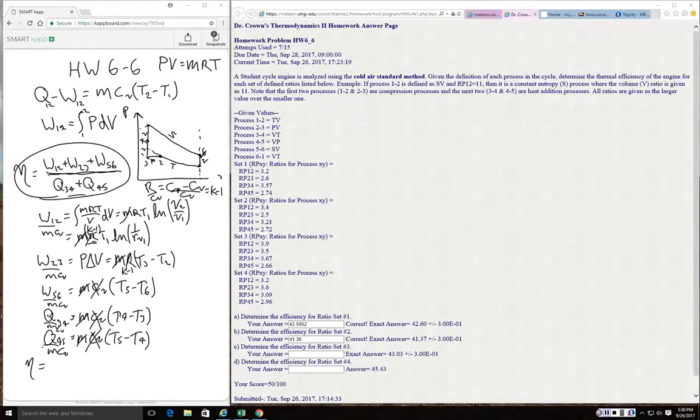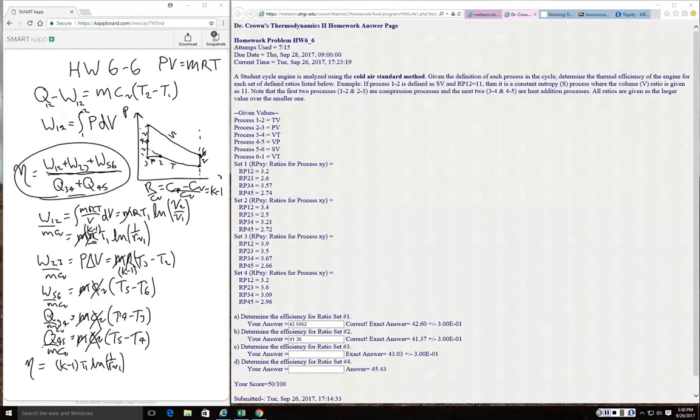So I've got no M anymore. And so my first term, 1 to 2, is, actually, K minus 1, T1. Let's put that first. So K minus 1, T1, natural log of 1 over RV1.